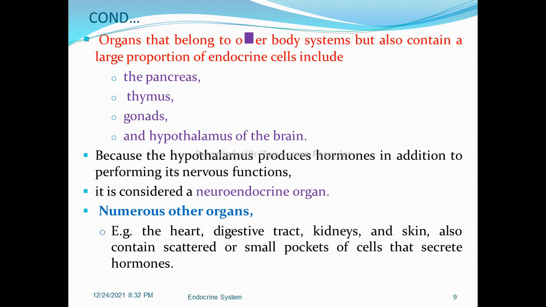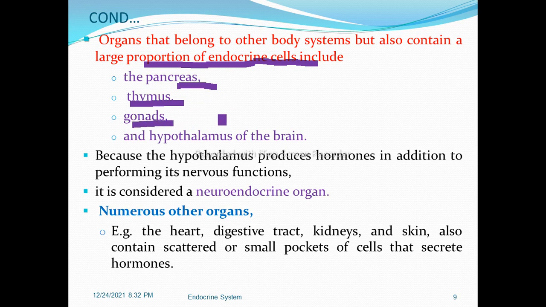Organs that belong to other body systems but also contain a large proportion of endocrine cells include the pancreas. As I told you, there are pure endocrine glands, and also other body systems which contain endocrine cells. These are the pancreas, with both glandular portion and endocrine portion, the thymus, and the gonads, like testes for male or ovary for female.